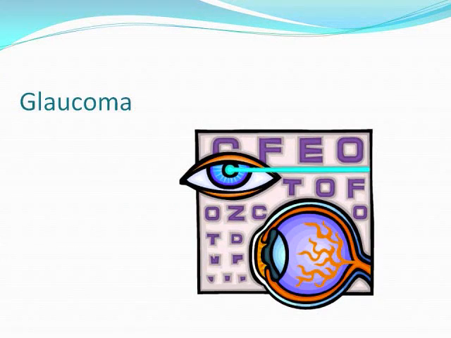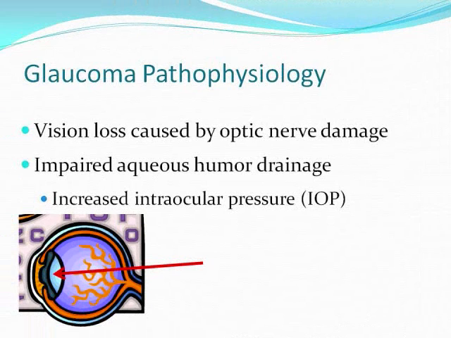Okay, glaucoma. Very briefly, is vision loss caused by optic nerve damage? And with glaucoma, there is impaired aqueous humor drainage leading to increased intraocular pressure. So the fluid is building up in that front space of the eye, that front fluid space, causing increased pressure.